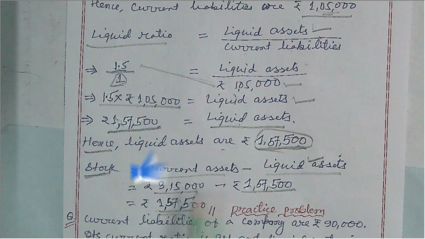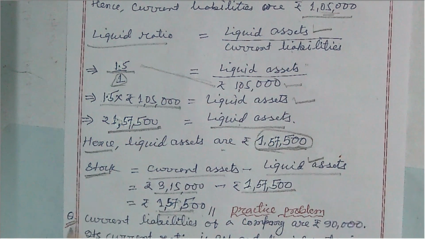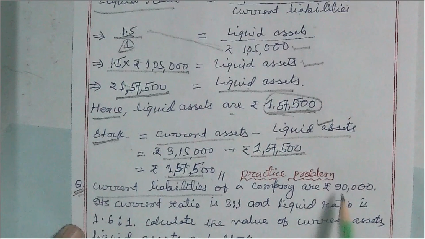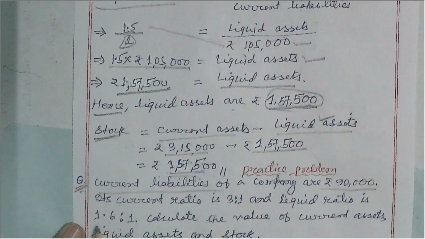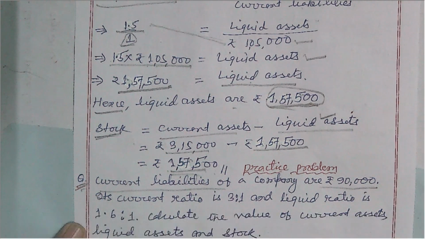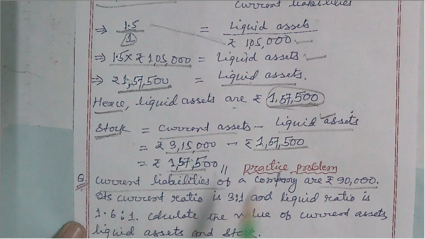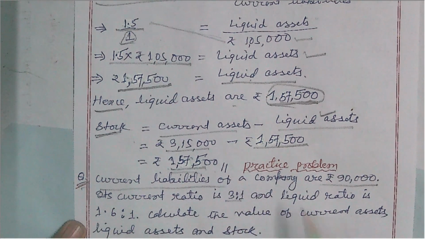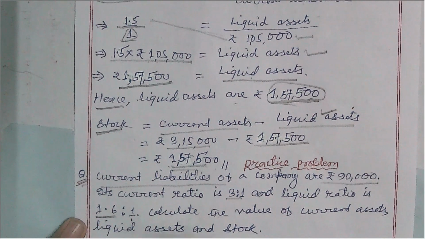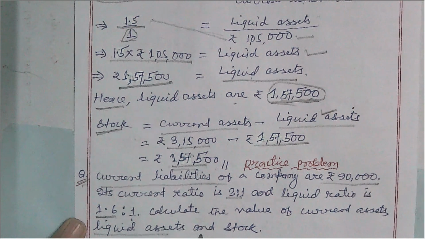Now a similar problem I have given you for your practice. Current liabilities of a company are rupees 90,000. Its current ratio is 3:1 and the liquid ratio is 1.6:1. Calculate the value of current assets, liquid assets and stock.